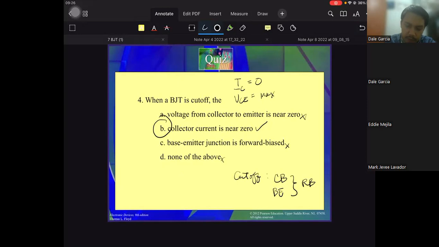Near 0. Well, actually it is 0, no? There is a very small current, near 0.